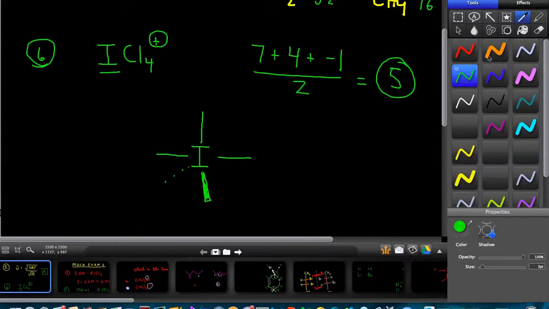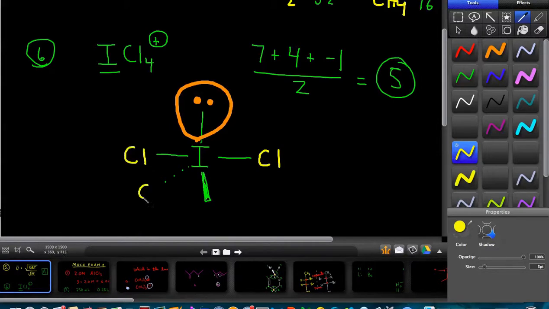And I'm going to have 1 lone pair, which I'm going to place here. The lone pair takes up more volume than the bonding pairs. And if you look at this structure carefully, you should see a seesaw hiding in it.